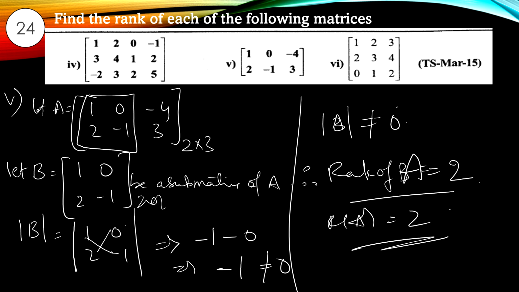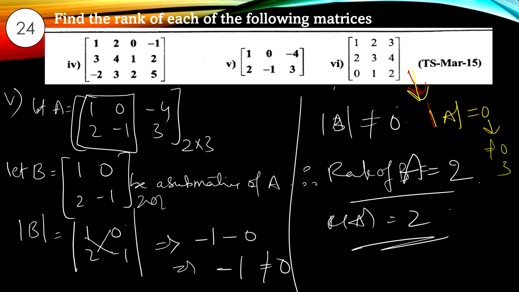Next question, the sixth one, you can try. Just calculate the determinant of this matrix, the red one. Sorry, it was not visible. Just calculate the determinant of this A matrix. If the determinant of A is equal to 0, then go with the submatrix. If the determinant is not equal to 0, then you can say the rank is 3.